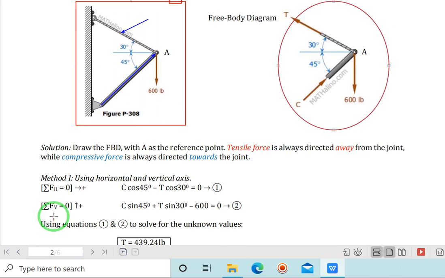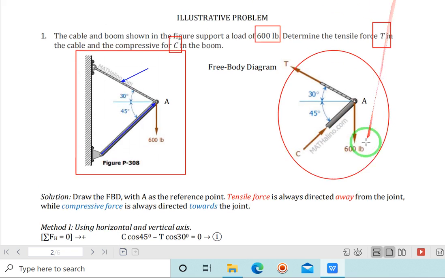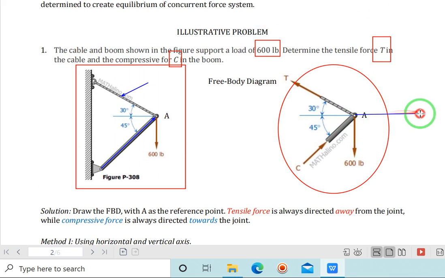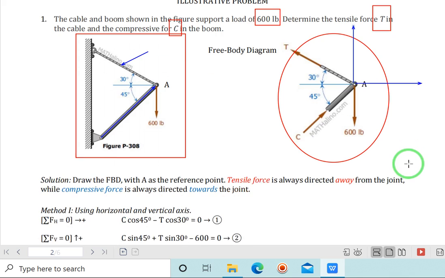So we have the first method using horizontal and vertical axes, the normal axes. You have this as your horizontal axis, the x-axis, and this as your vertical axis, the y-axis.